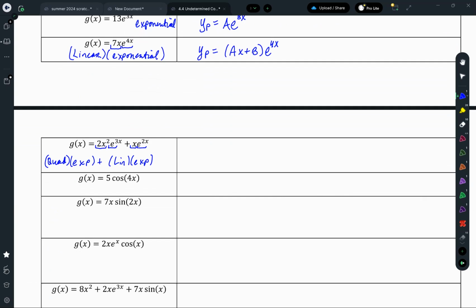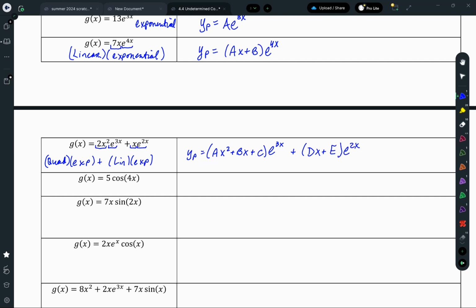In the quadratic times the exponential, that part of y sub p should be Ax squared plus Bx plus C times the exponential e to the 3x, plus the linear standard form. Now I'm not going to start over with A. I'm going to pick up in the alphabet with Dx plus E. So it's my linear times my exponential e to the 2x.